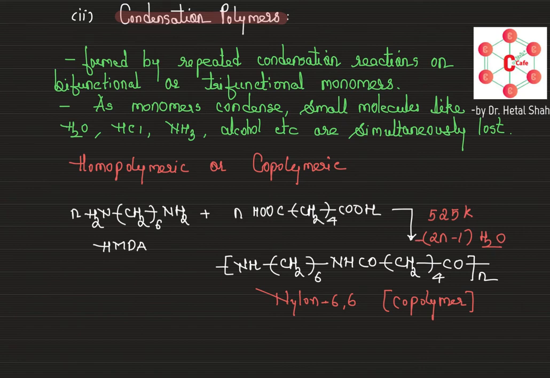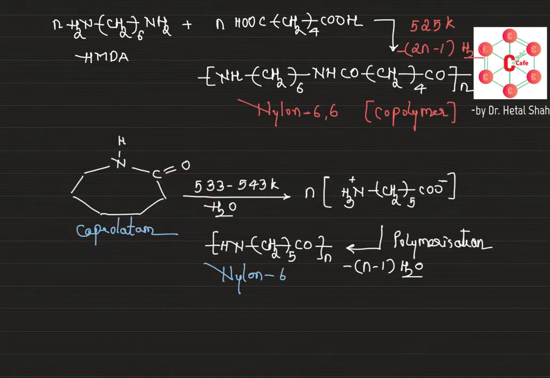So I think this is an example of a copolymer that we have. Now I'm going to give you an example of homopolymer, right? So here we have the example of homopolymer, which is formed by condensation reaction.